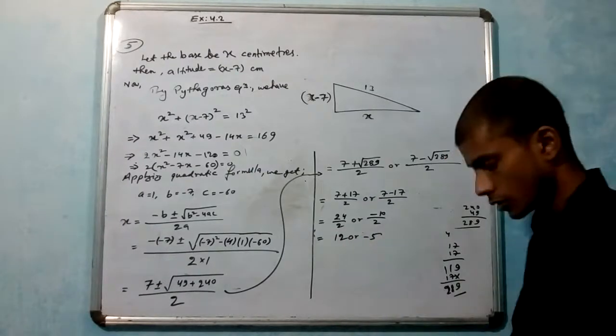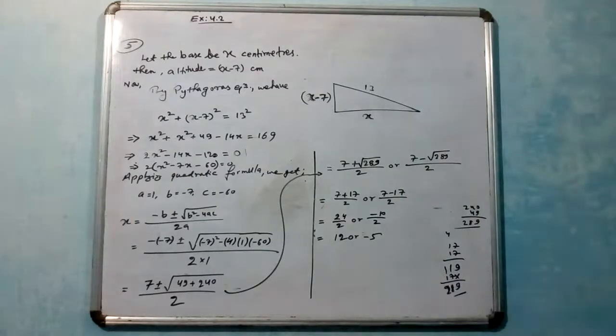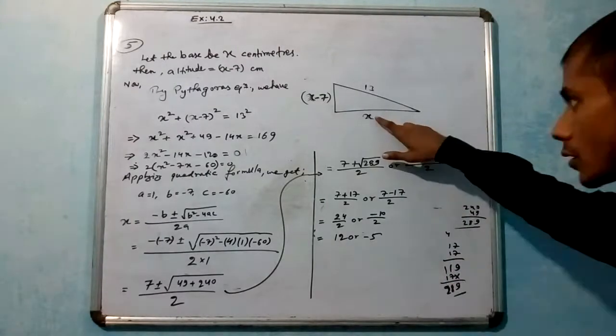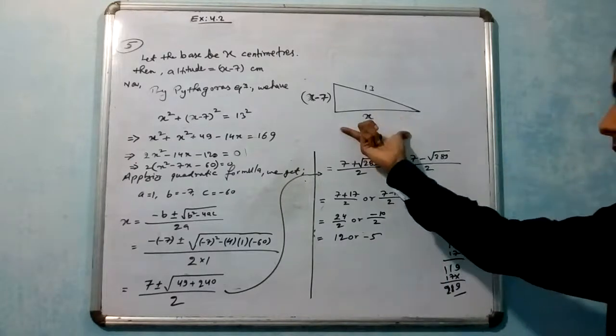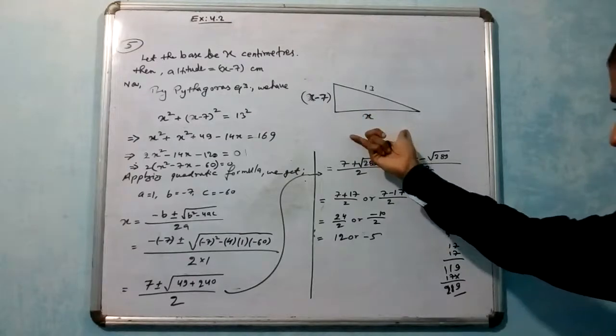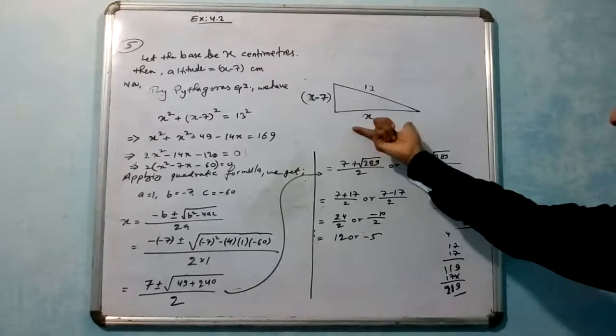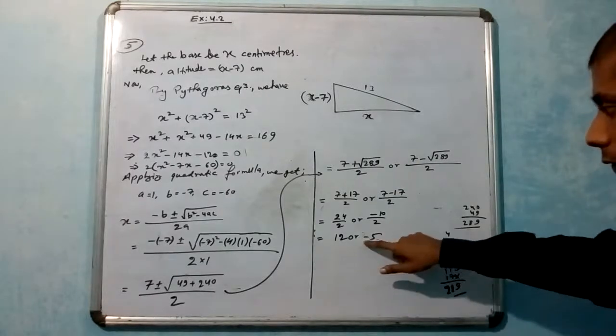So x value is either 12 or minus 5. Now x was what? Our side length, the base in centimeters. So can any length be negative? No. So here this minus 5 has to be neglected from our solution. What should be written?